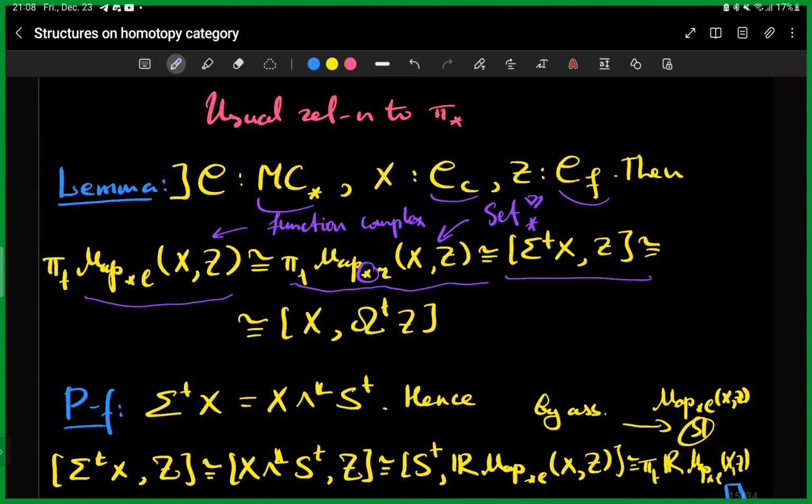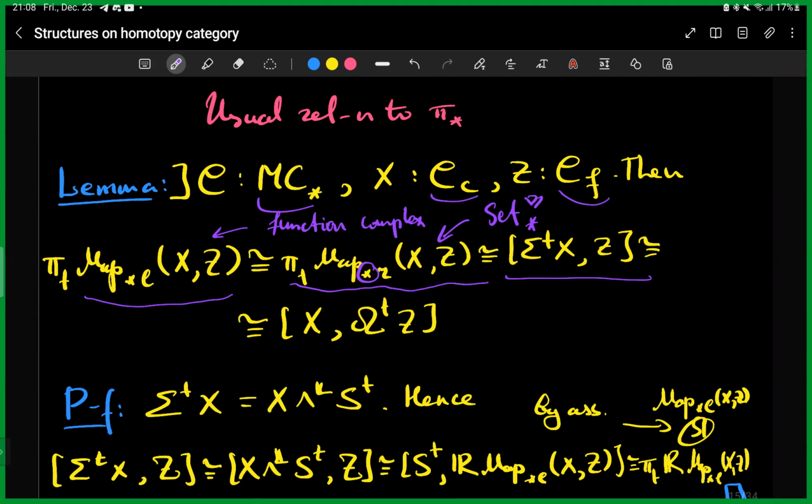And so we have an isomorphism. These are in general just sets, and so we have canonical isomorphisms of such sets. This is a set of homotopy classes of maps from the suspension applied T times to X into Z, and from homotopy classes from X to the T-fold loop space of Z.